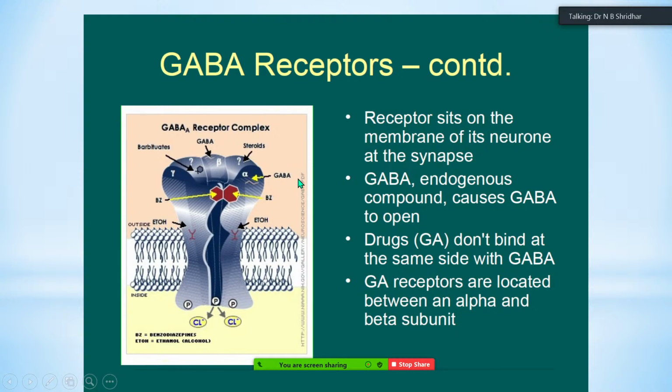And whatever may be the drug, ultimately the chloride ion channel is going to open from outside to inside, and it is going to induce anesthesia. The benzodiazepines and ethanol act on a different site. The barbiturates act on a particular site very near to the alpha, beta and gamma subtypes of the receptors.